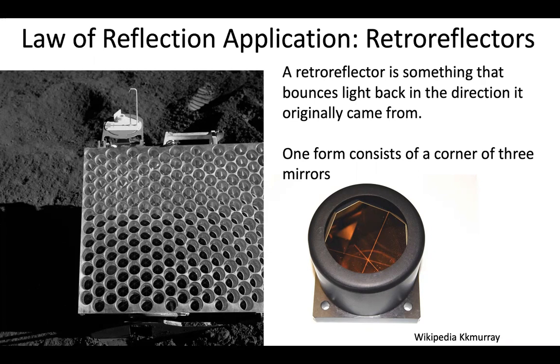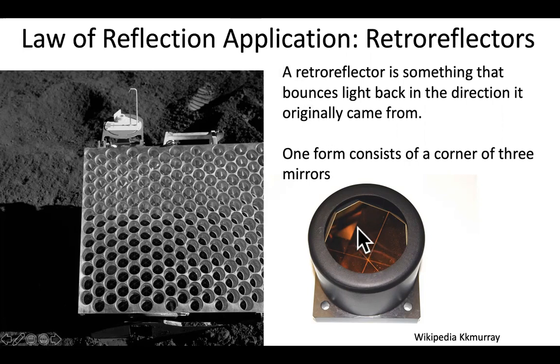The specific examples I'm going to show are motivated by a particular type of optical element known as a retroreflector. A retroreflector is something that if light comes into it, the light bounces around and leaves in the same direction, or the opposite direction, depending on how you look at it, as it came in.